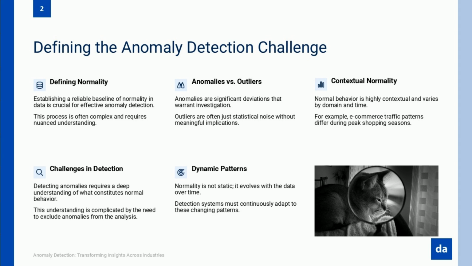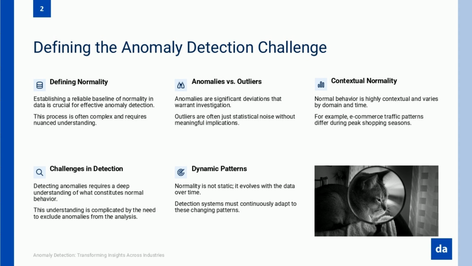To understand how these components interact, imagine visualizing a year of hourly traffic to a restaurant's website. You'd likely see daily patterns, peaks during lunch and dinner hours, weekly patterns, higher traffic on weekends, and seasonal patterns, holiday spikes. What's normal at any given moment depends on where you are within these overlapping cycles.